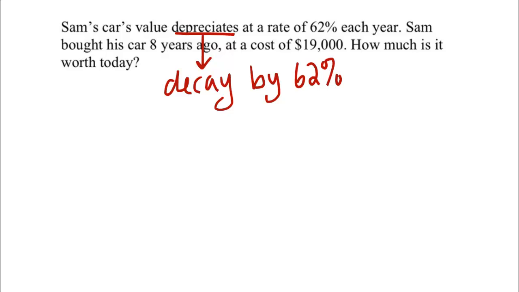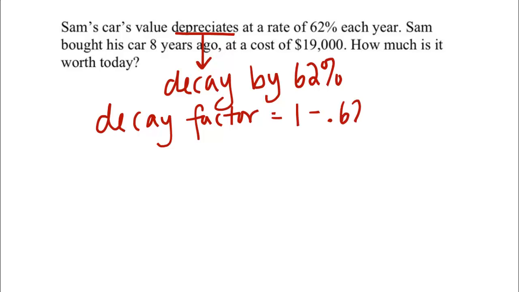If we're decaying by 62%, then our decay factor, or our b value, just like we saw in class, is 1 minus 0.62. 1 minus 0.62 gives us 38%, or 0.38. So that's our decay factor. Decaying by 62% means that we're multiplying each year by 0.38. And our initial value is 19,000.